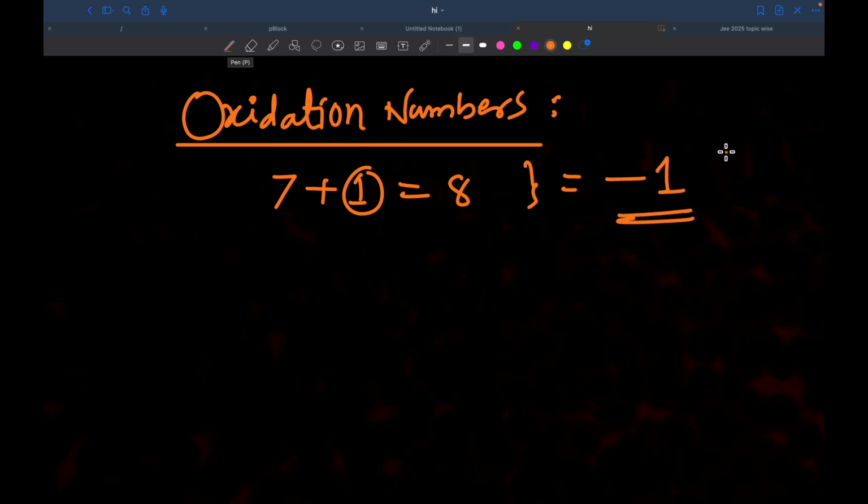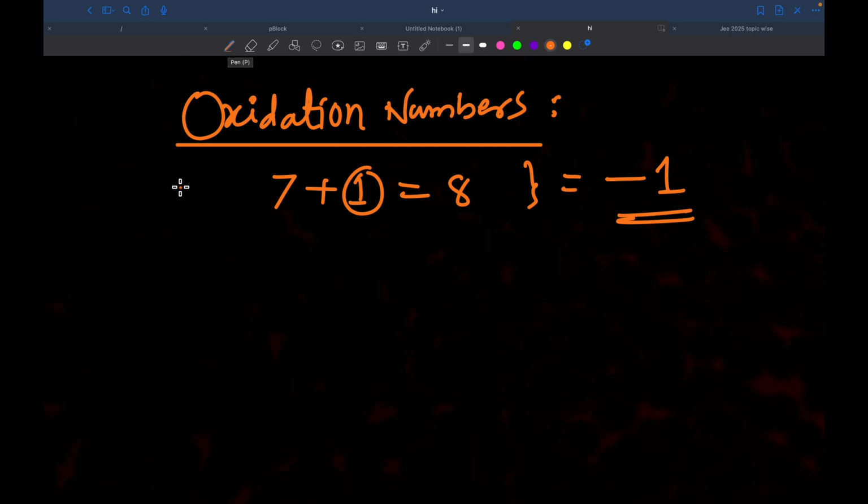They easily get the -1 configuration by taking an electron. For this, their size is supportive and their electronegativity is also very supportive. That's why they show the -1 oxidation number.